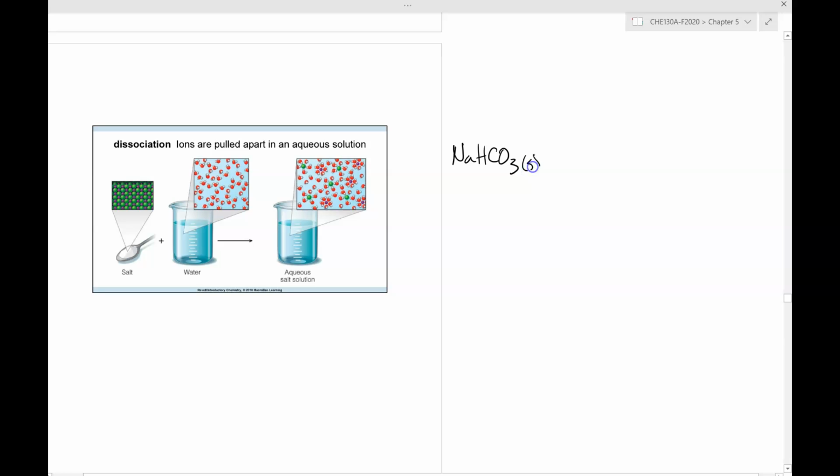If I take solid baking soda, which is sodium bicarbonate or sodium hydrogen carbonate, and I add that to water, what does that break up as? And there's lots of possibilities here. You might think that all the atoms break apart, but that's not what happens. What happens is you form the sodium ion and you form the bicarbonate ion. And again, knowing that HCO3 minus is a polyatomic ion is how you know what actually happens when things dissolve in water.